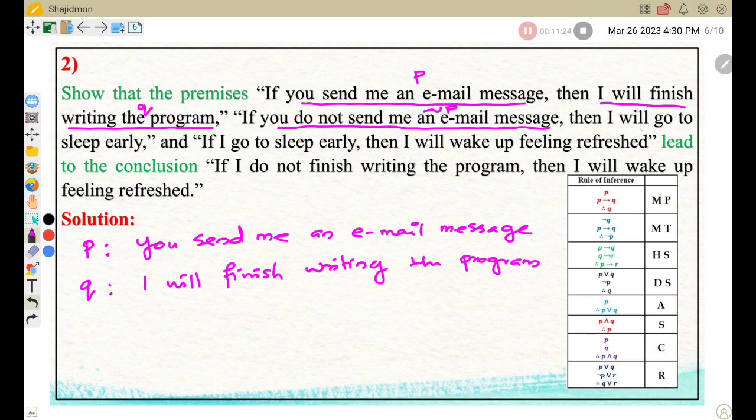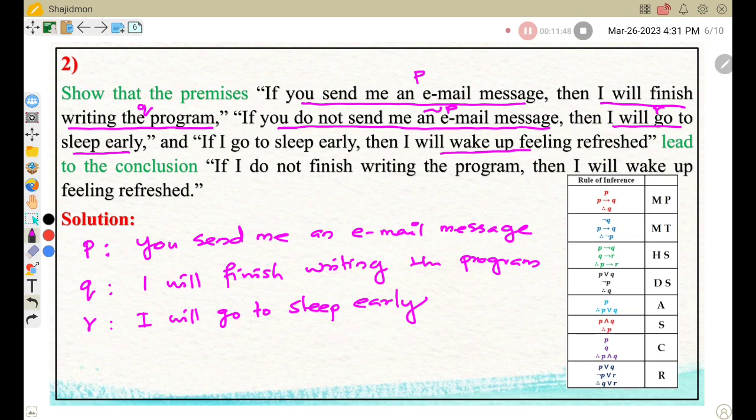Then "I will go to sleep early" we can take as R. Now, "if I go to sleep early," that is R, correct?